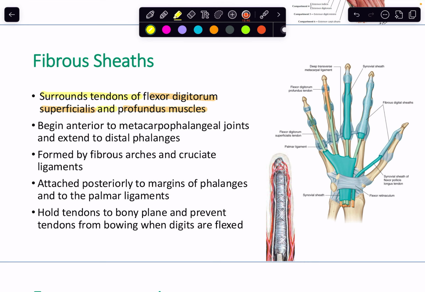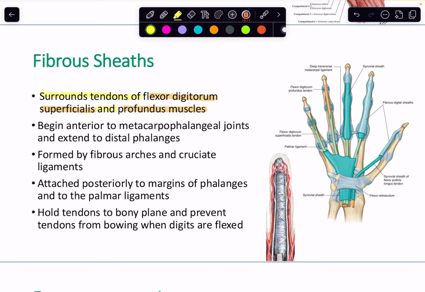Okay, now under this fibrous sheath there is a synovial sheath, right? So fibrous sheath, synovial sheath. Now cut this fibrous sheath in half, like this, and see the base. When you see the base, this fibrous connective tissue is attached to the bones, the phalanges.